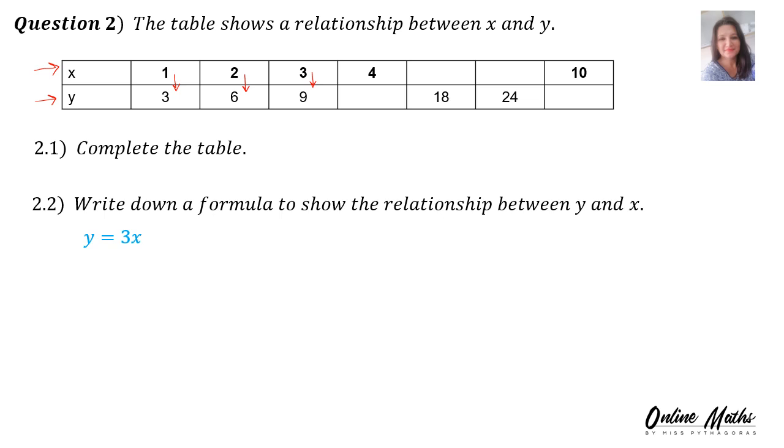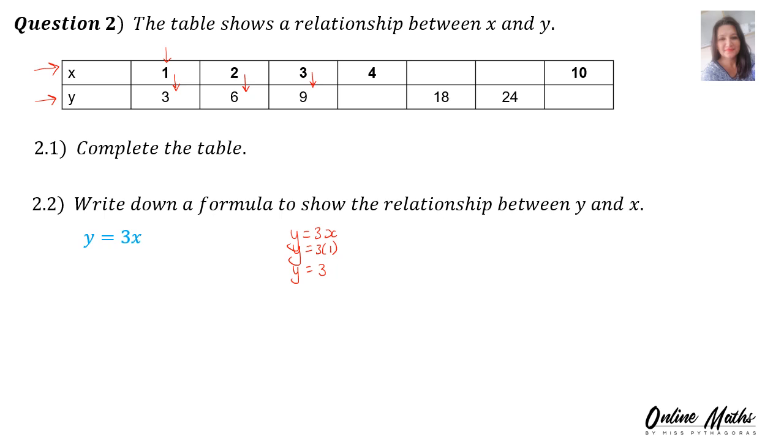And now that we have a formula, we can test if it's right. Our formula says y is equal to 3x. The first input value was 1. When we substitute 1 in x's place, we get 3 times 1 is 3. So it looks as if our formula is correct.